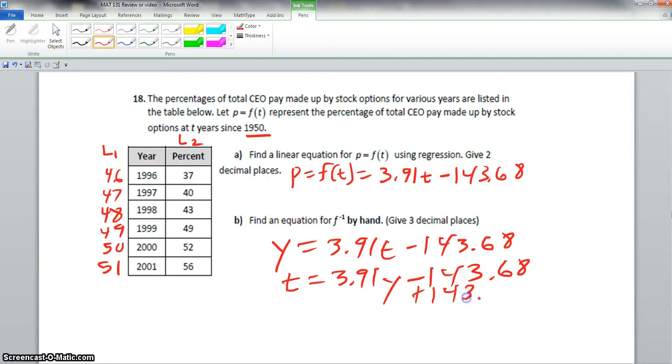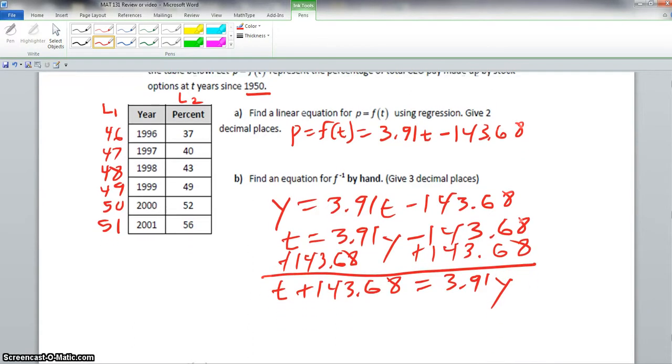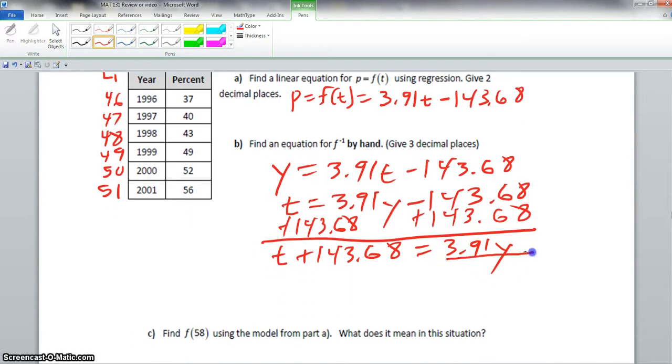So we will add 143.68 to both sides. So we have t plus 143.68 equals 3.91y. And we will divide each side by 3.91, or each individual term.